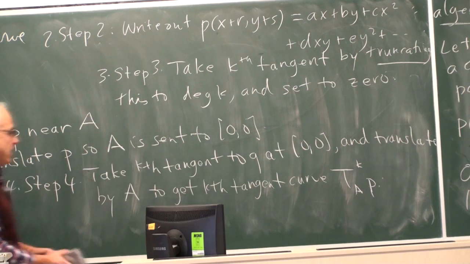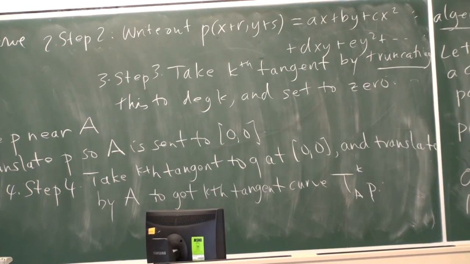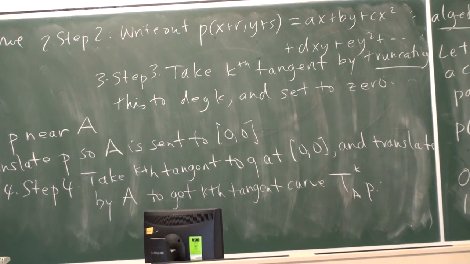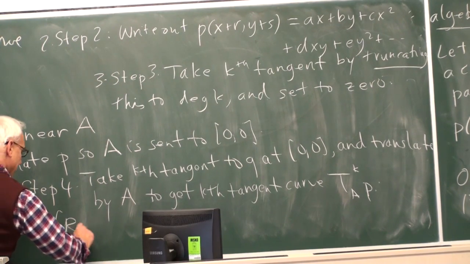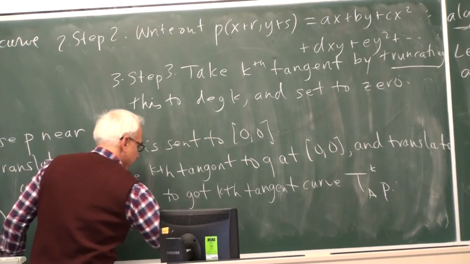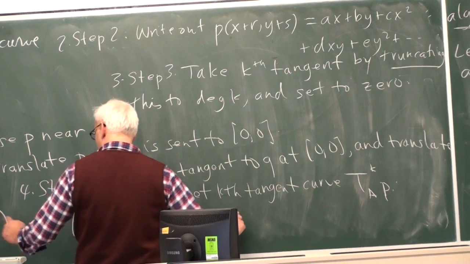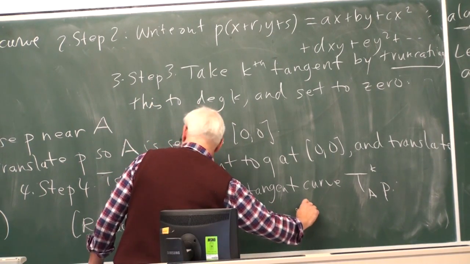How do we do that translation? Well, that translation is just the opposite of what we did over here. Instead of replacing x with x plus r, we have to replace x with x minus r and y with y minus s. So to do this, we need to replace x and y with x minus r and y minus s.